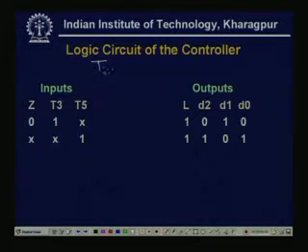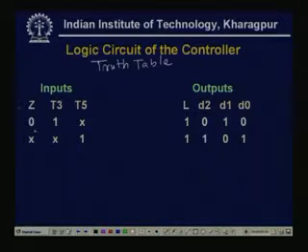This is the truth table. So, this is Z, T3, T5 and the outputs are L, D2, D1, D0.